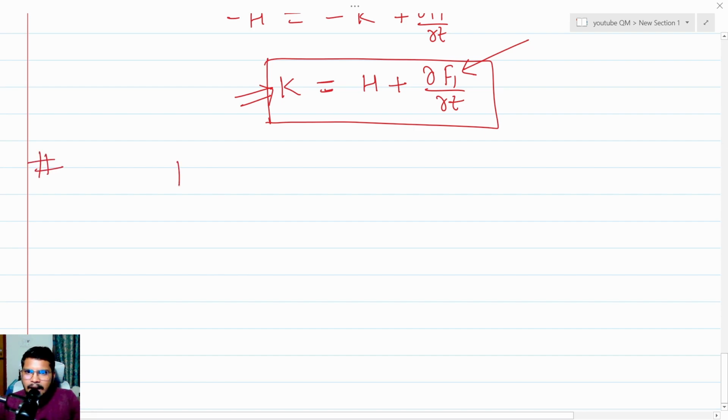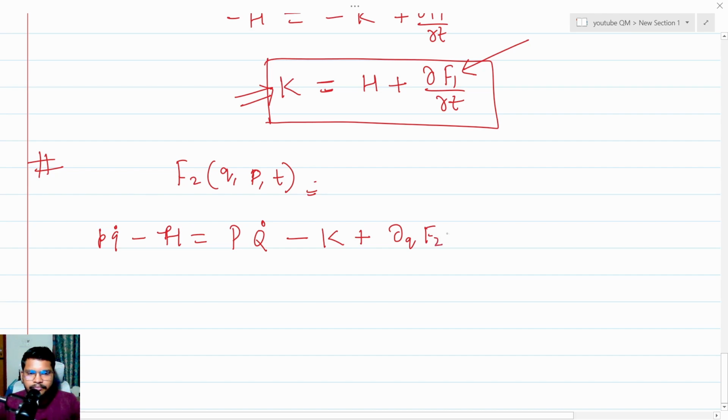Let's say that I got something called F2(q, P, t). Now F2(q, P, t) is there. Therefore, the starting point is p q dot minus Hamiltonian equal to P Q dot minus K. Take something, let us say del F2 by del q.